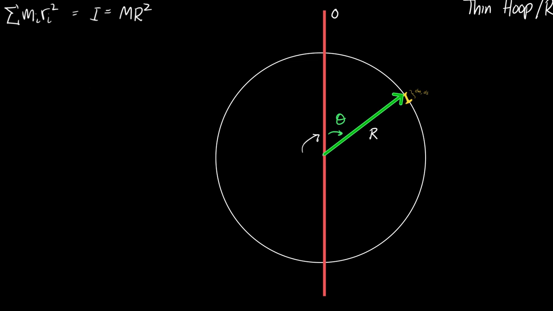Now, I also have to describe the size of this. And I've given you a method to do this, but you don't think of it this way. An arc length is radius times... when you do an arc length, you multiply the radius times how much of an angle is swept out.